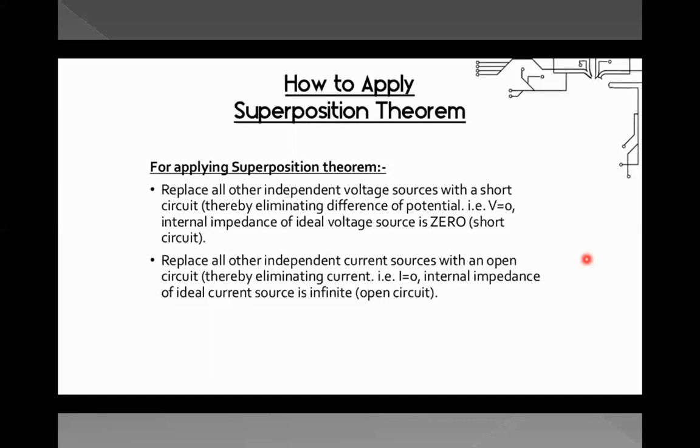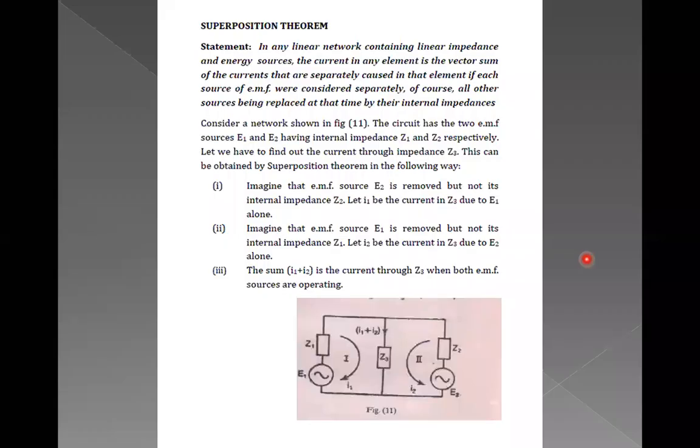And replace all other independent current sources with an open circuit, thereby eliminating current, that is I equals 0. The internal influence of an idle current source is infinite. Let's have the proof for the superposition theorem.